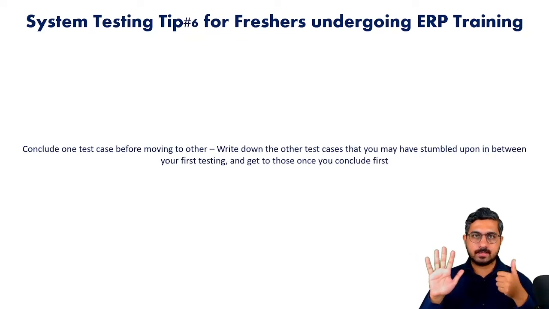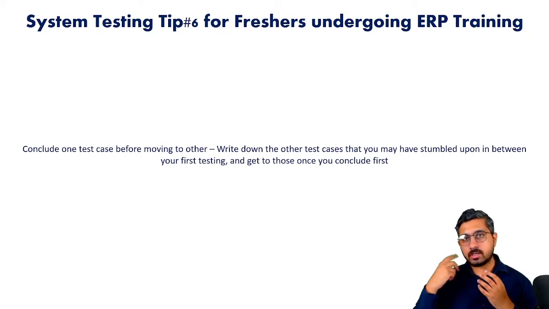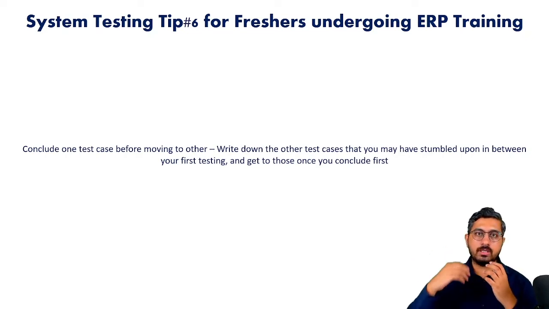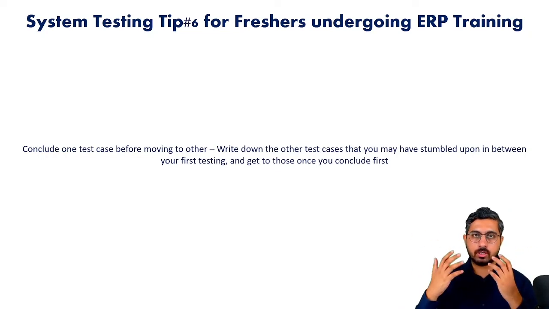Testing tip number 6, as we have already seen a couple of moments back: while testing, if you come to any other scenario or stumble upon any other thought, like what if this happens, what if that happens in this particular test case, then do not get diverted from what you are testing right now.